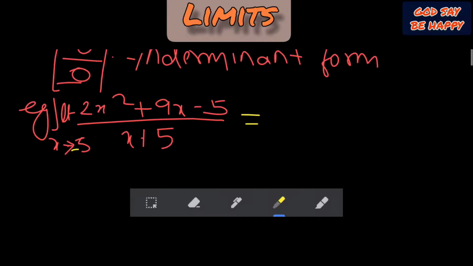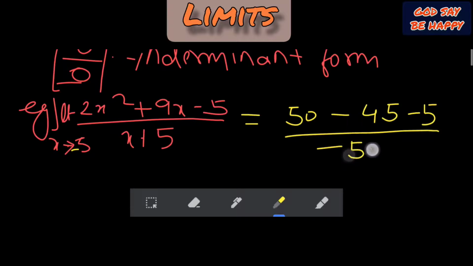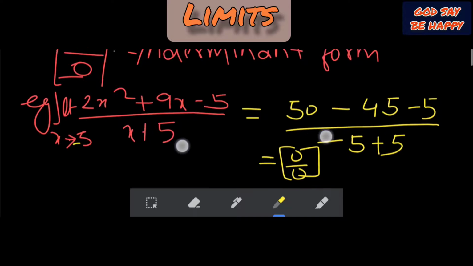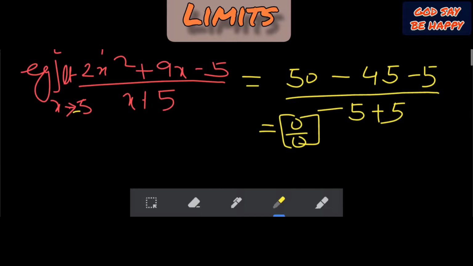Minus 5 square into 2, 50, plus 9 into minus 5 is minus 45, minus 5, upon minus 5 plus 5, equal to 0 by 0, not acceptable form, indeterminate form. So in this we will try to remove the thing that is making the equation 0 upon 0. So let us solve this.